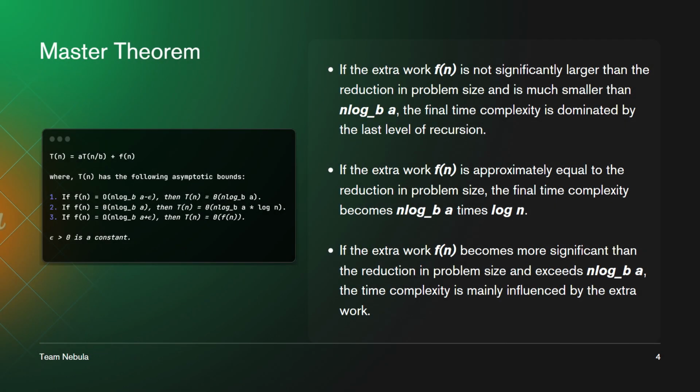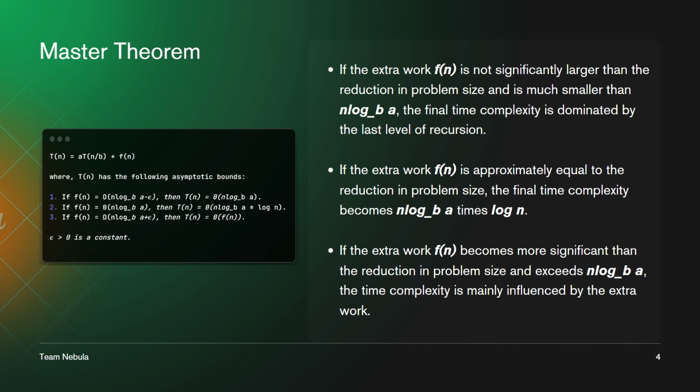Imagine you are faced with a tricky problem that keeps breaking down into smaller versions of itself. So you want to know how much time it will take to solve the big problem based on how long it takes to solve the smaller ones. And that's where the master theorem comes into the picture. Here's the formula we use.